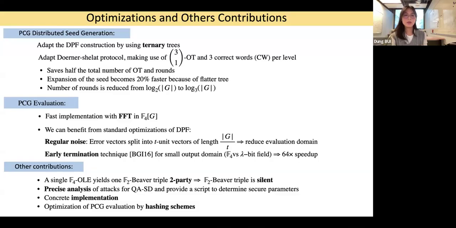We give the concrete form of the attack, and we try to get the security parameters based on it. We saw that the original paper that proposed the assumption has parameters that are not good, and we have a concrete implementation. We also have another optimization of BCG using a hashing scheme, and it can speed up the BCG framework.